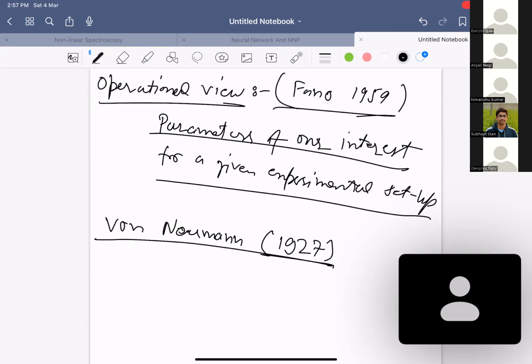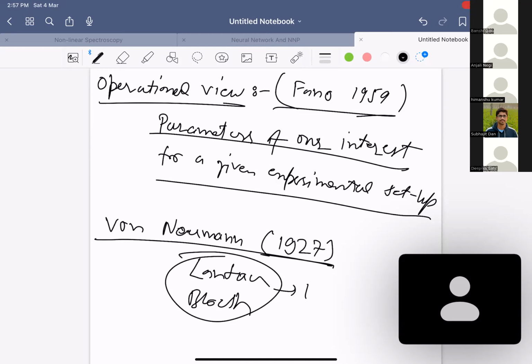Before starting that, some sources also say that other people like Landau and also Bloch used the density matrix formalism in the same year, 1927, independently.